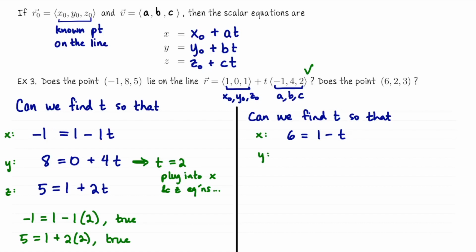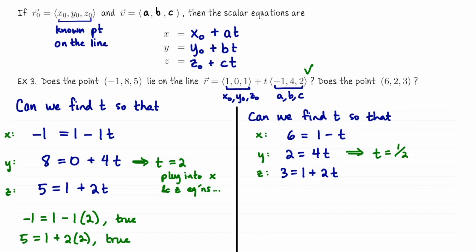For y, we have 2 equals 4t. And for z, we have 3 equals 1 plus 2t. Once again, that middle equation is the easiest thing to work with, so this suggests that t would have to be 1/2. It must be 1/2 in order to have the middle equation true.